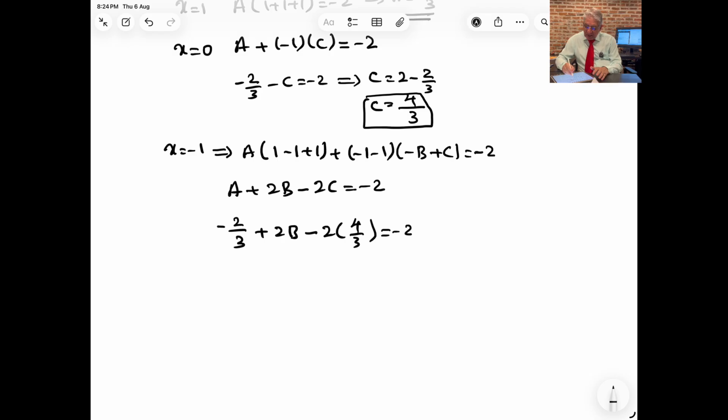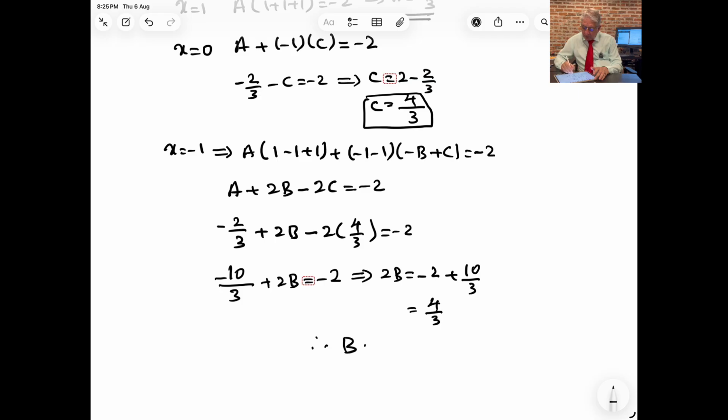Now this is minus 8, this is minus 2, will be negative 10 over 3, plus 2b is equal to negative 2. From here I can say 2b is equal to negative 2 plus 10 over 3. This is negative 6, therefore will be 4 over 3. Therefore, from here I can say b is equal to 2 over 3.